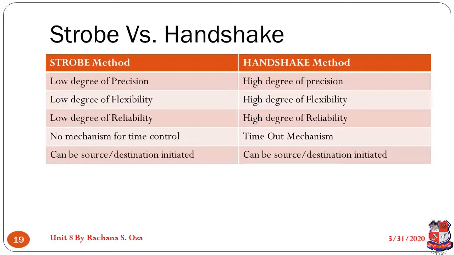If the strobe signal is switching from 1 to 0, then data on the data bus will become invalid. Now, all these things add up, and one more thing: the strobe method can be source initiated or destination initiated.